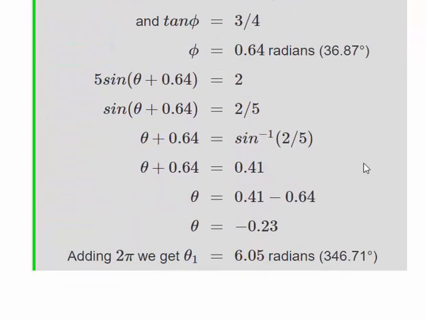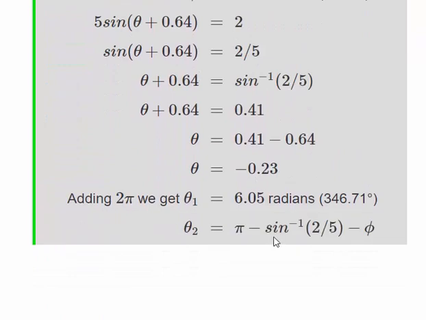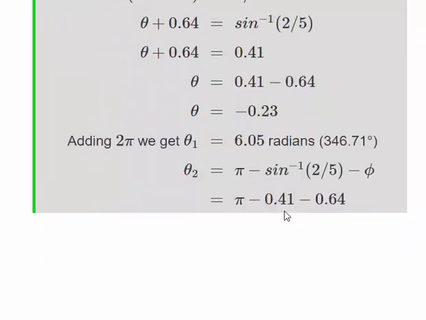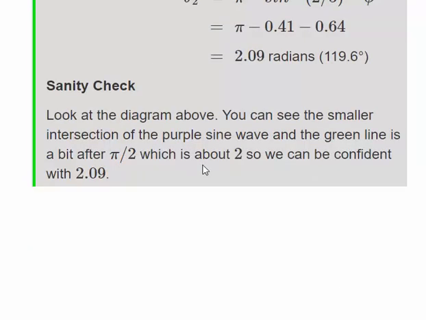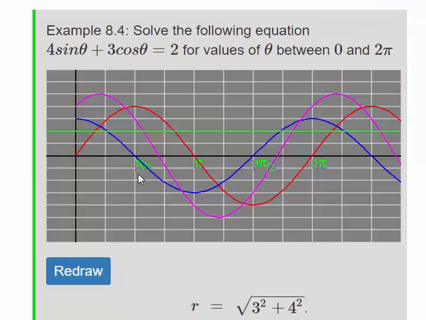So what we're going to do is subtract arc sine 2 over 5 minus phi from pi: pi minus 0.41 minus 0.64, and that gives us 2.09 radians. As a sanity check, look at the diagram above. Pi over 2 is about 1.6.